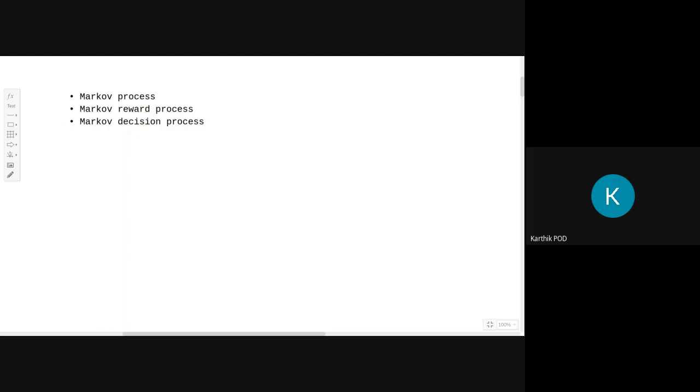You just have states and then you get rewarded based on which state you are in. And the Markov process, plain Markov process, is even simpler, right? So you just have states and you just transition from one state to another based on some transition probabilities, right? So it's kind of interesting to look at 3 different processes.